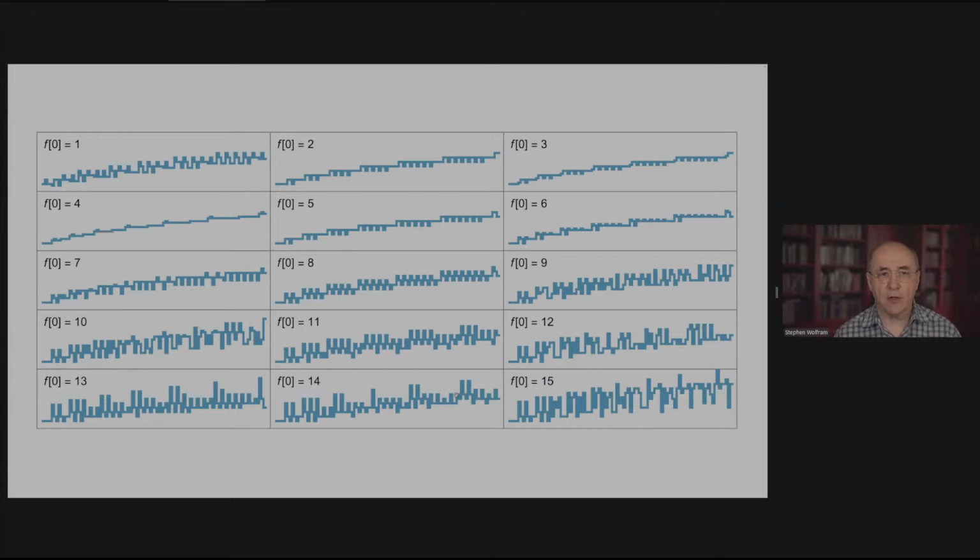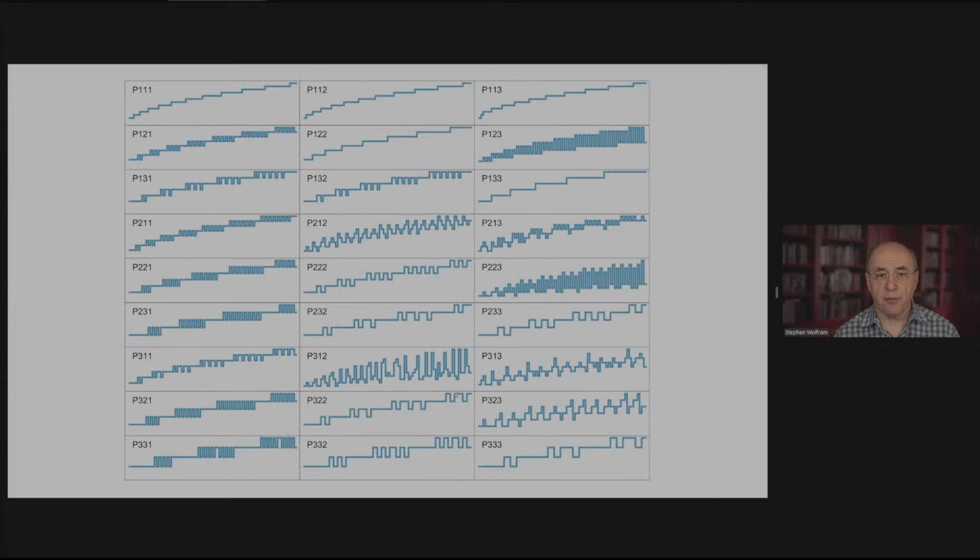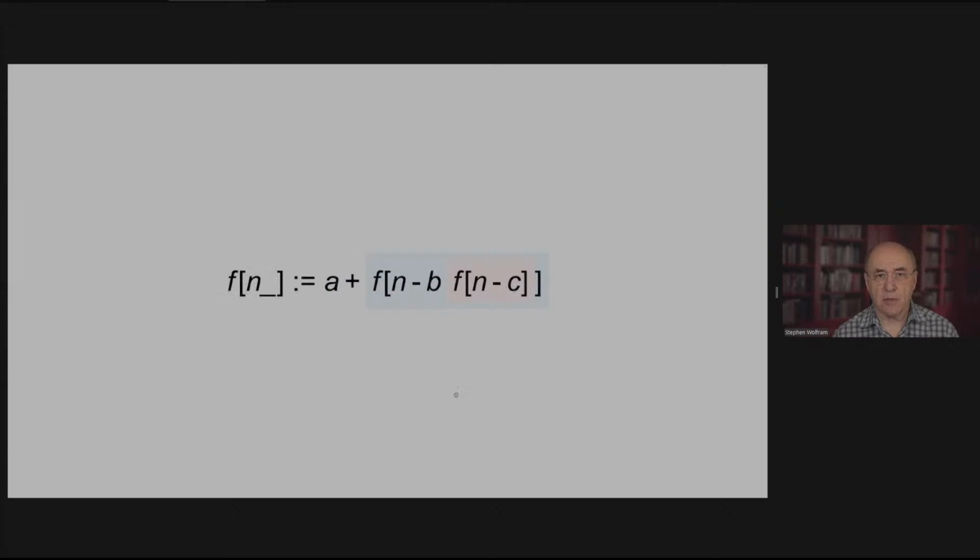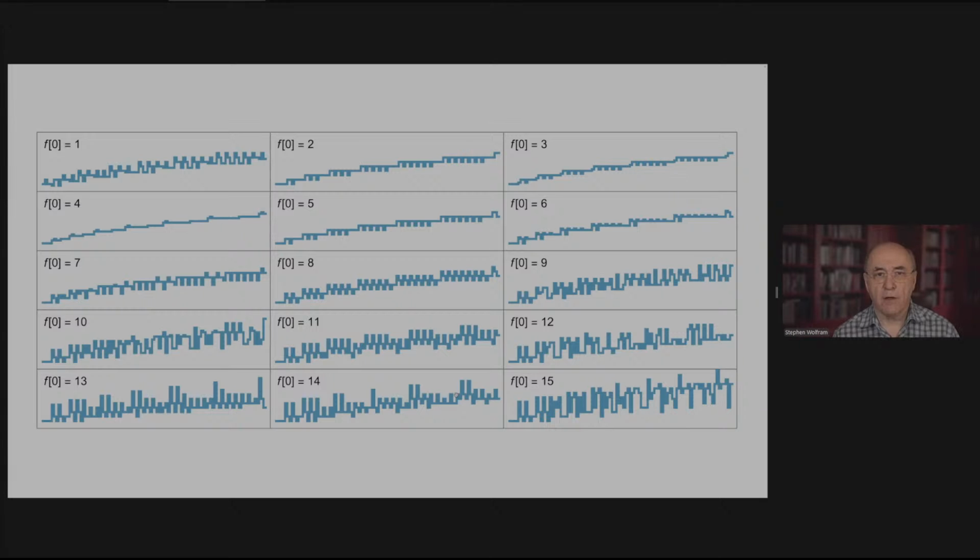Given that the initial values have certain residues mod 3, all subsequent values must have the same residues. But apart from this constraint, it seems that all values for f of n are obtained, which is not surprising given that f of n grows only like square root of n. So it gets to bounce around within the values that it can get to.